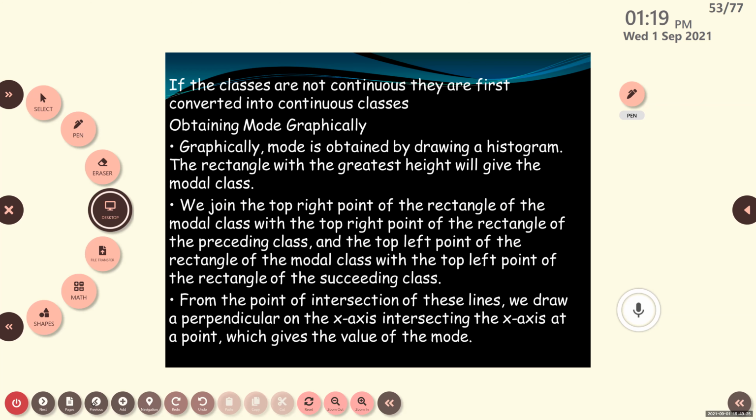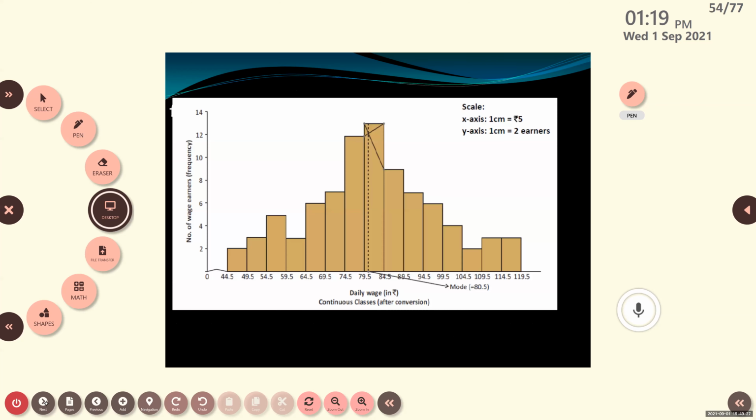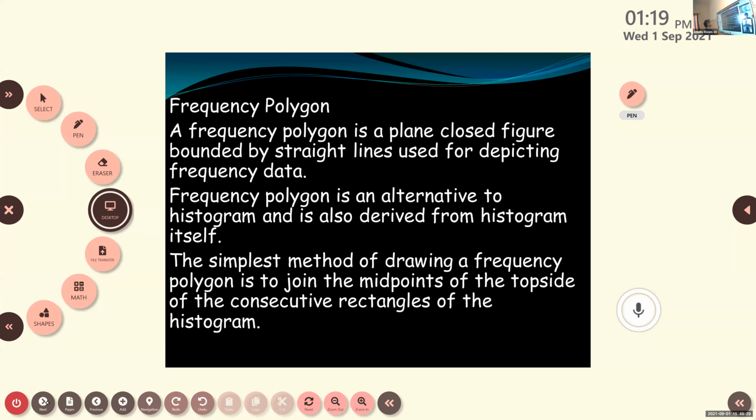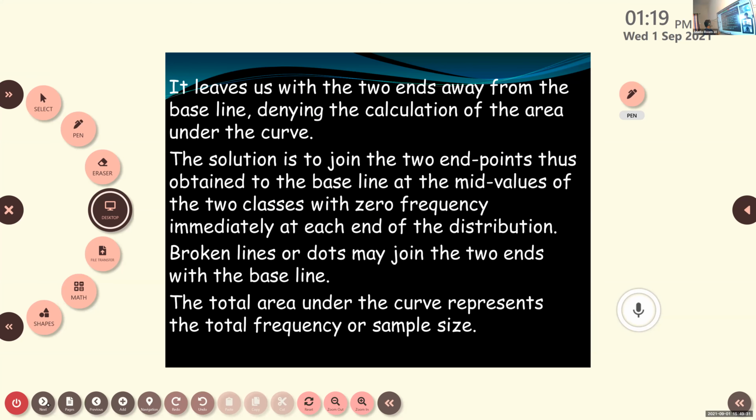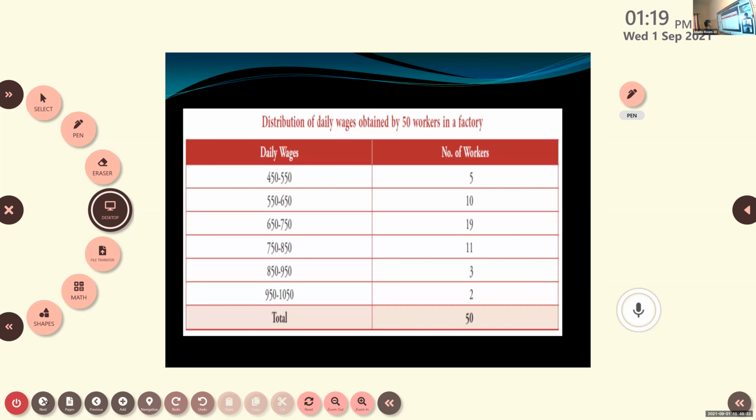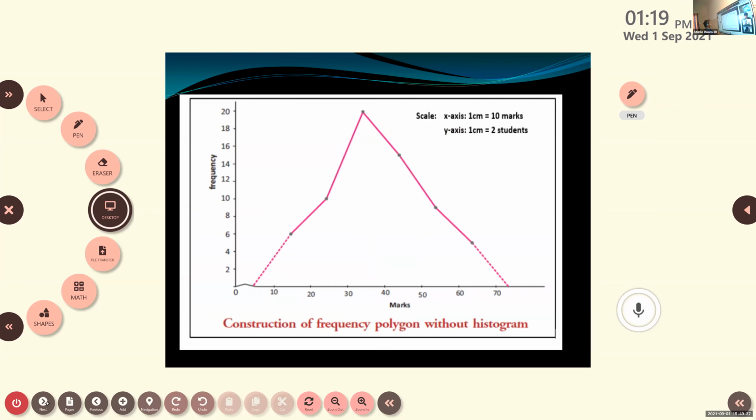Okay. So next is about ogive now. I told you how to find out the mode, and made you do the frequency curve and frequency polygon also. What is the difference between frequency curve and frequency polygon? Anish, can you say what is the difference? Anish, do you know the answer?